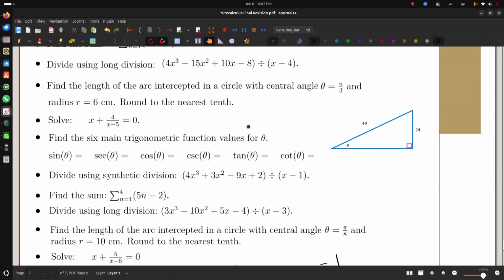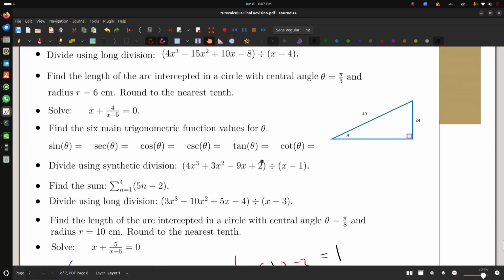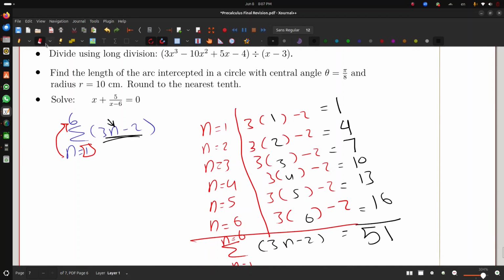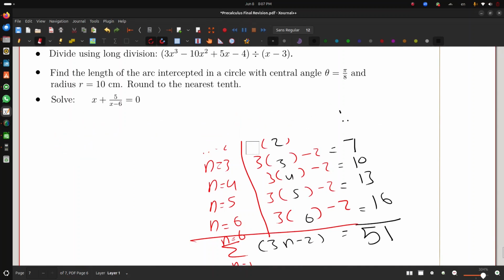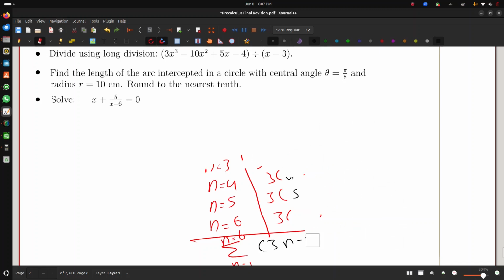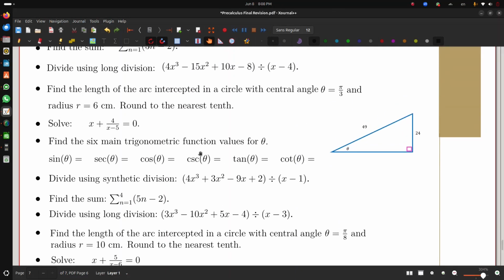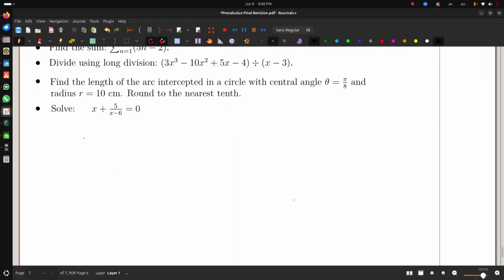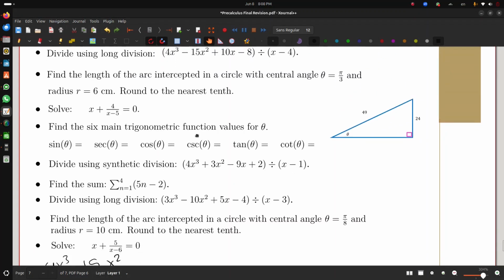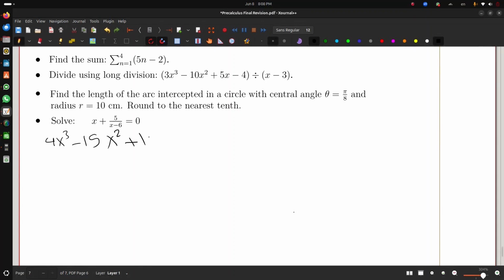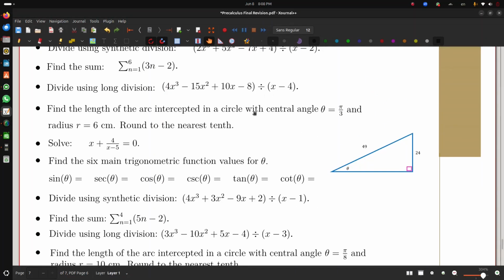It's 4x power 3 minus 15x power 2 plus 10x minus 8, divided by x minus 4.